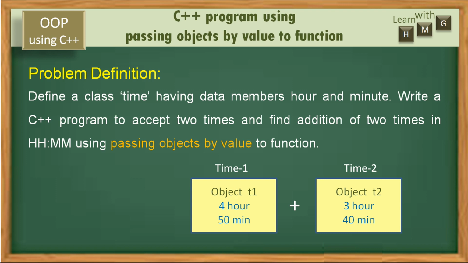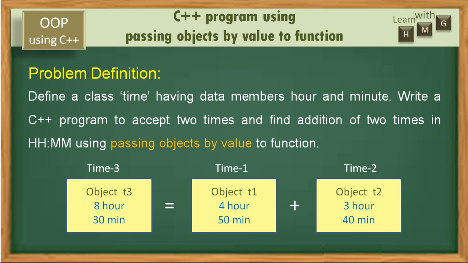So time 1 plus time 2, that is object t1 plus object t2, will be added together, and the sum, that is the addition, will be stored in the third object, that is object 3, which will be time 3, and the addition will be 8 hours 30 minutes.